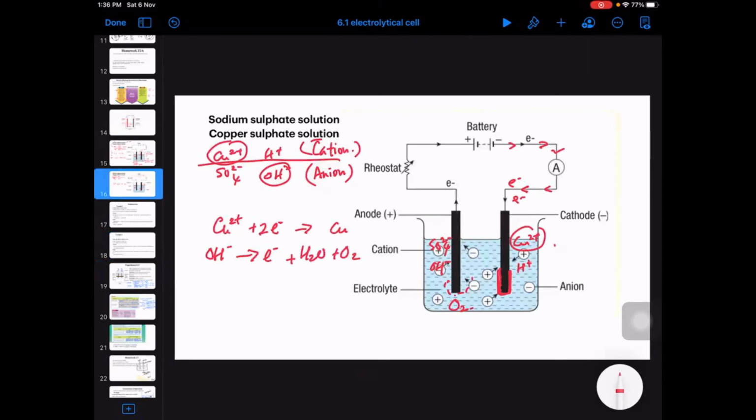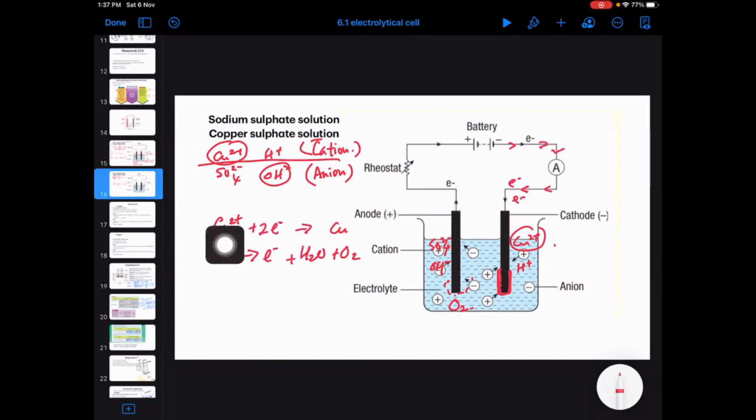So that is all about the solution. You have to know what the cations and anions are, what happened at the anode, what happened at the cathode, which one is selected to be discharged and why, and what is produced. These are the few important things you need to know. You don't have to explain where the electron comes from.